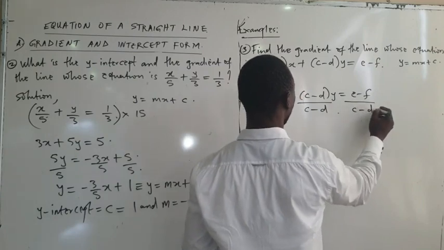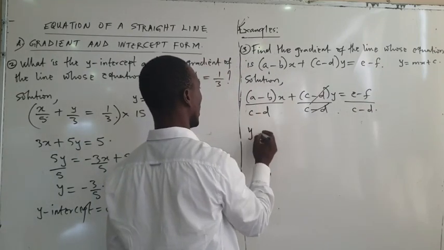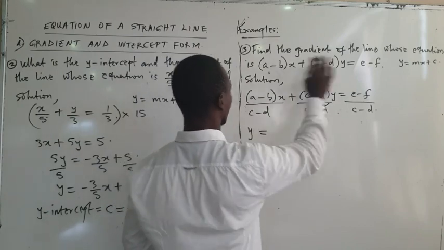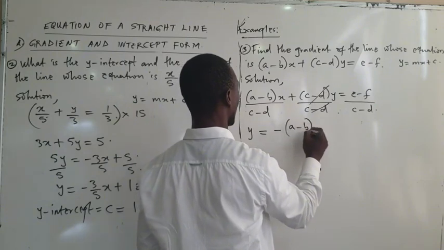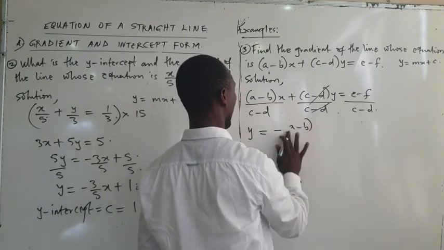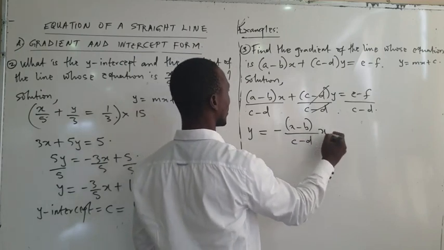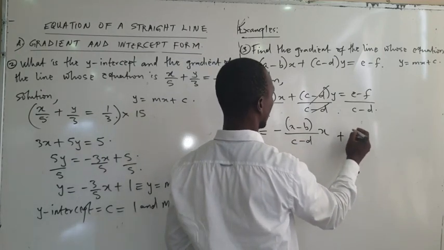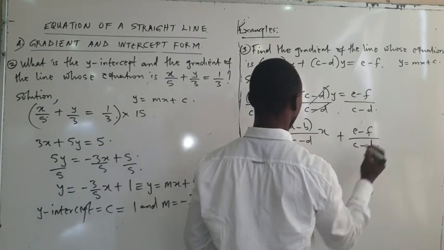Then c minus d cancels, so you are left with y equals, then transfer this to the other side, that's minus (a minus b) all over (c minus d) x, then plus (e minus f) all over (c minus d).